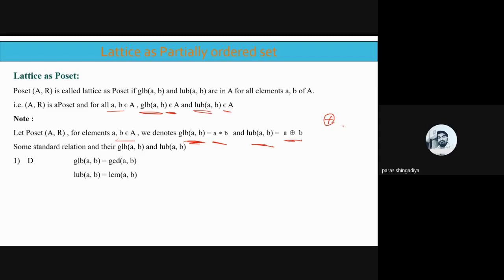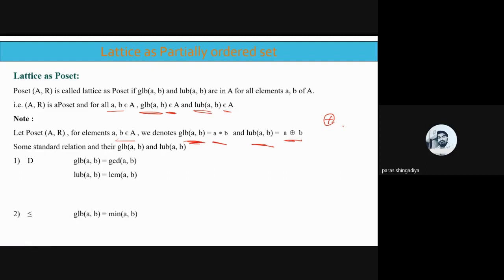LCM means least common multiple, and GCD means greatest common divisor. We discuss in the example how to find the GCD and LCM of two numbers. So for divide relations, we find the GLB and LUB by using GCD and LCM.